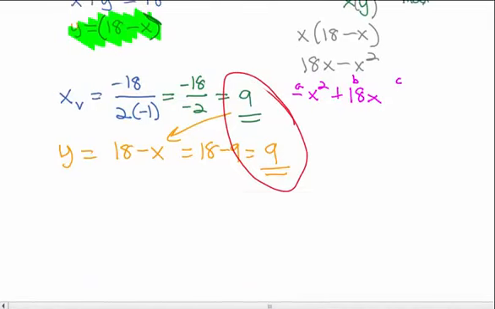Okay, that problem's really just a fun number game. Find two numbers who do this, maximize or minimize that. Let's do more of an application problem.